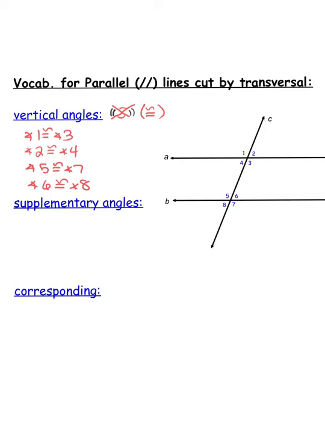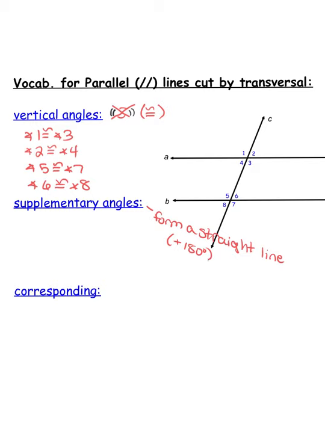The second vocabulary word that you need to know is supplementary angles. We said the other day supplementary angles form a straight line, and they add to 180 degrees.